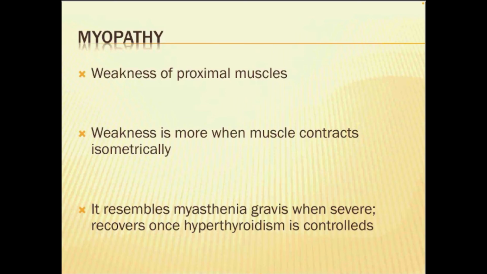Okay. Here this resembles myasthenia gravis. This will resemble myasthenia gravis when severe. So you know all about myasthenia gravis, I suppose. It is also an autoimmune disease. Here the myopathy induced by hyperthyroidism in a severe condition will mimic myasthenia gravis.